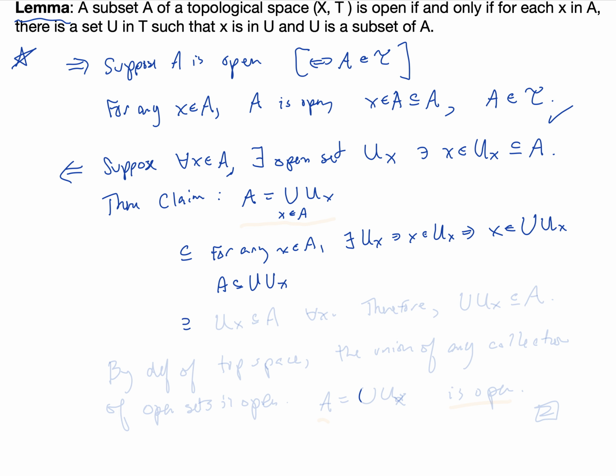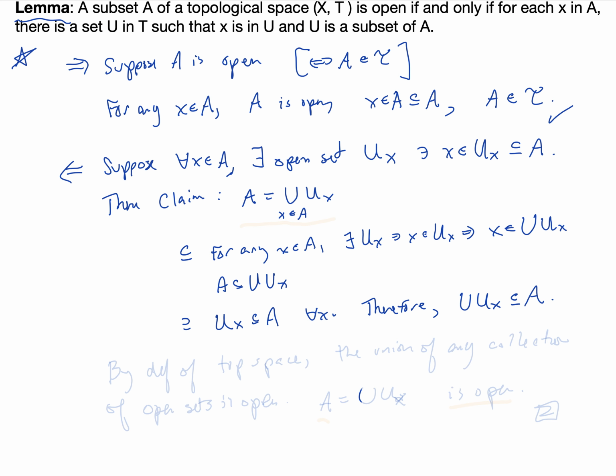For the reverse inclusion, U sub x is a subset of A for each x, and therefore the union of these subsets is also a subset of A. So, okay, great.